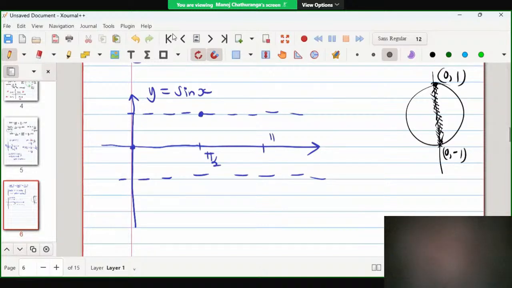When x is pi, sine theta is again 0. At 3 pi by 2 it is minus 1, and at 2 pi it is again 0. So the graph of the sine function goes something like a wave.